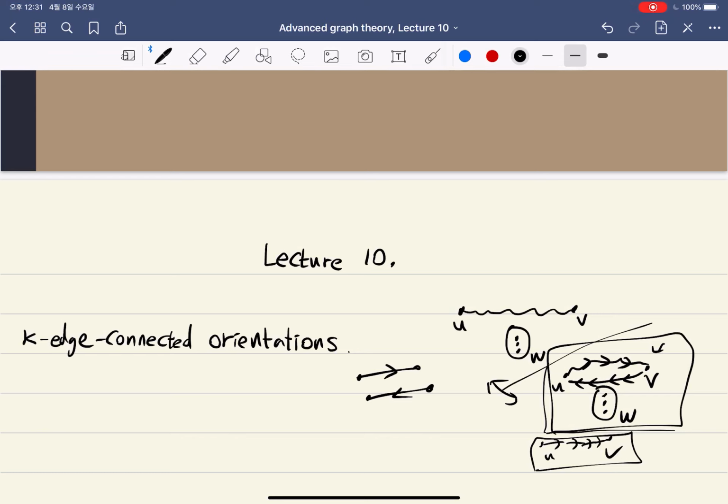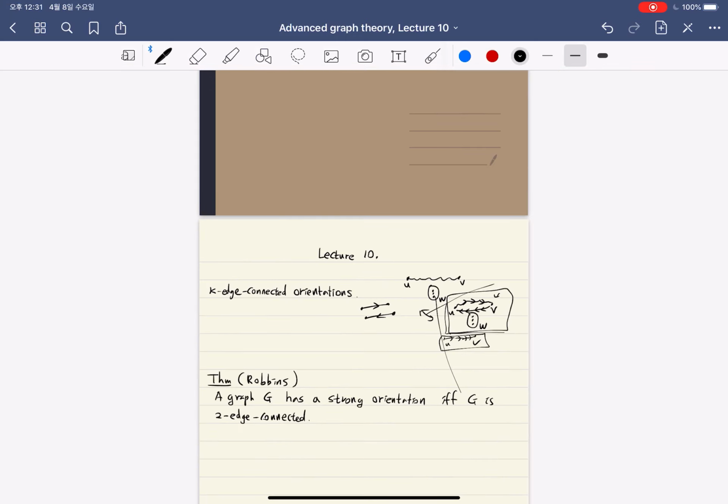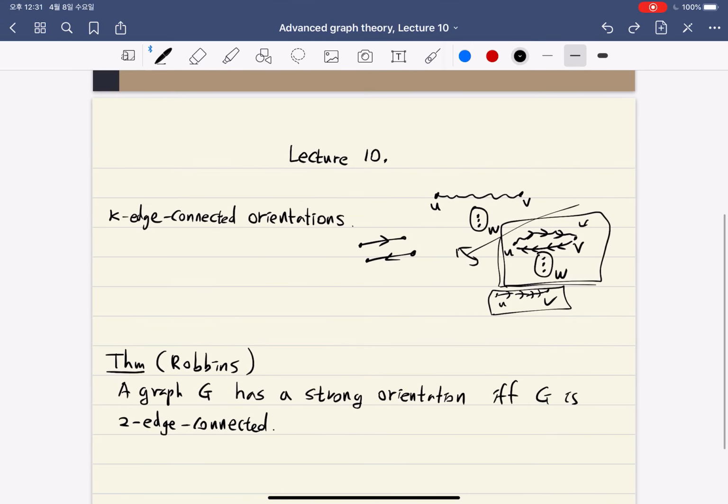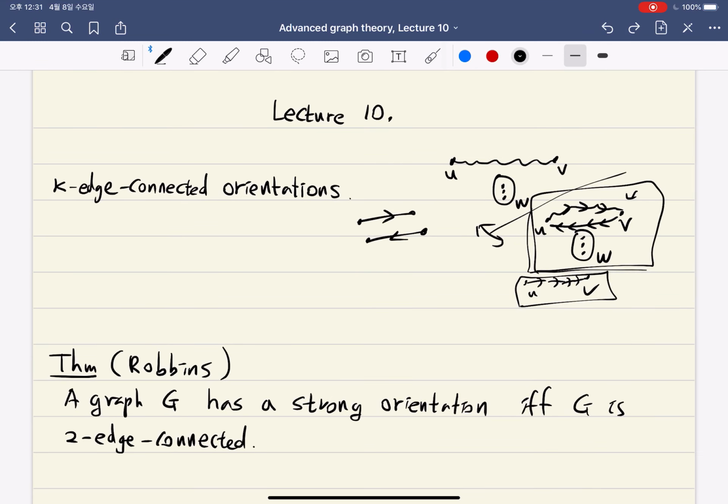one can ask whether, if we are given a highly connected graph, we can orient the edges so that the resulting graph is also highly connected. It's more natural to consider the edge connectivity, because we are orienting edges, so intuitively it might be more related to edge connectivity than vertex connectivity.